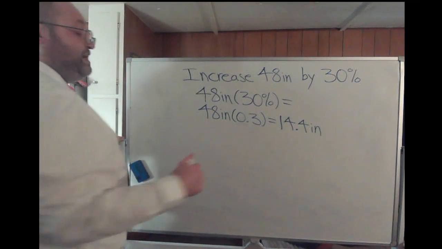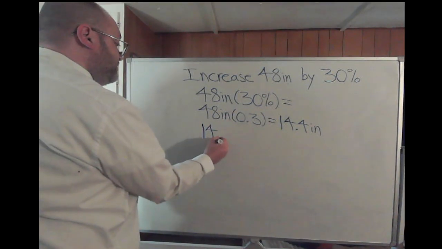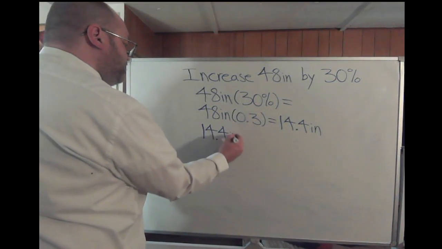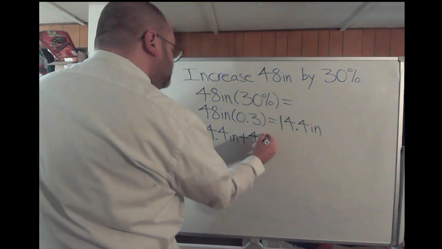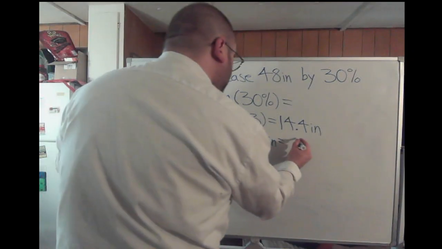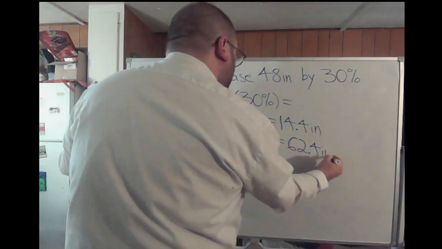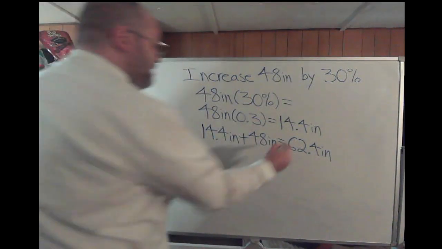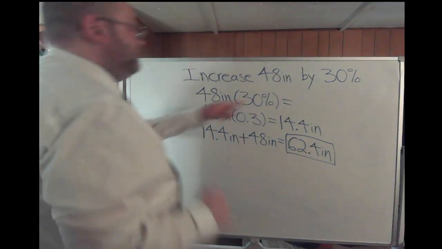So now that's the change. We need to add the change to the original amount. So add your 14.4 inches to that 48 inches, and you would get 62.4 inches, which would be what that would be from an increase.